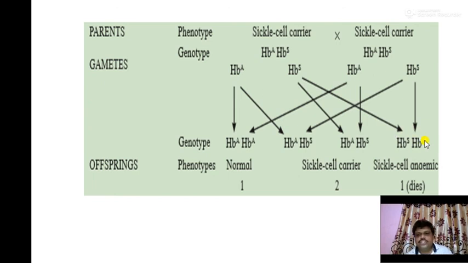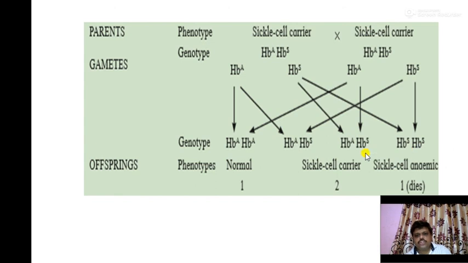In the homozygous condition, it behaves like a lethal one, and in the heterozygous condition, it behaves like a carrier one. In this way, this particular gene controls two traits, which causes death in the child.